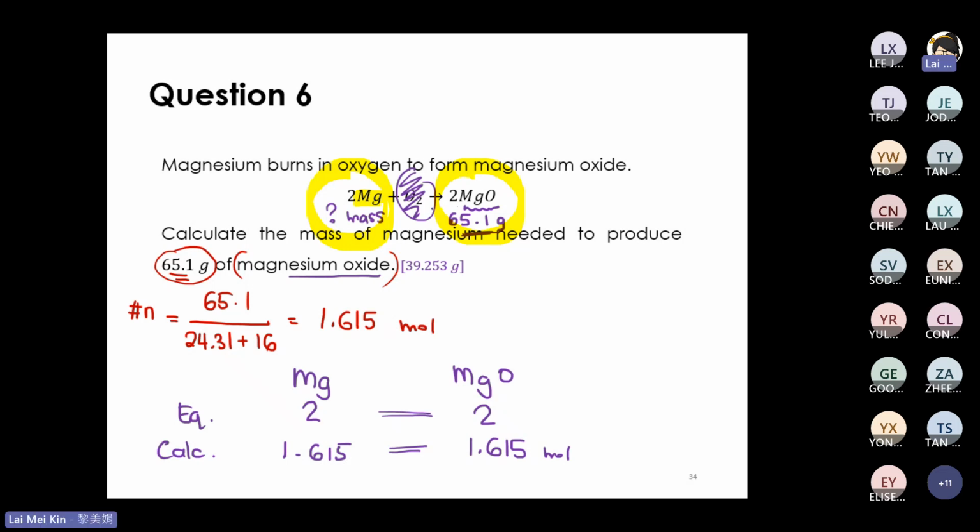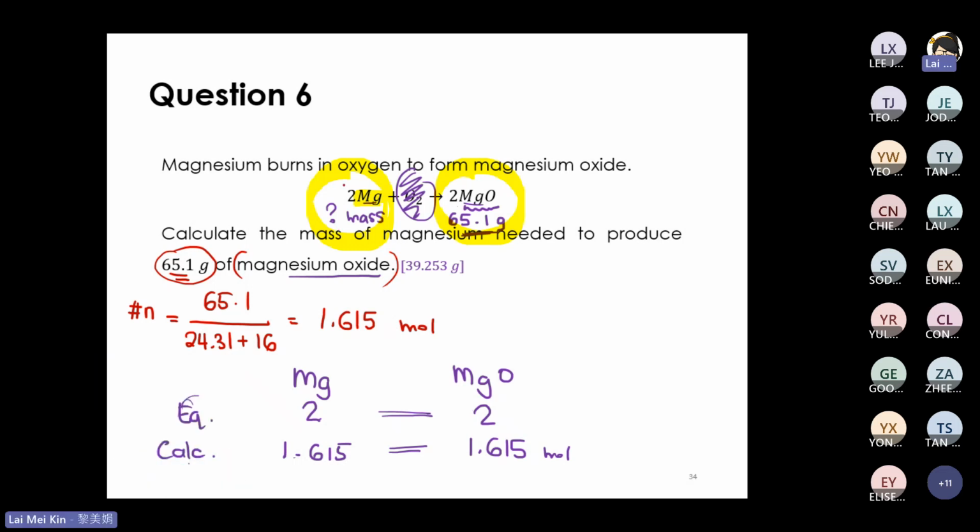So you already narrow your view to only magnesium and magnesium oxide. In the equation, the number of mole is 2, 2. The ratio is 2 mole produce 2 mole. Hence, from your calculation, if you have 1.615 mole of magnesium oxide, you should also have 1.615 mole of magnesium. Is this the answer or do you need further working?